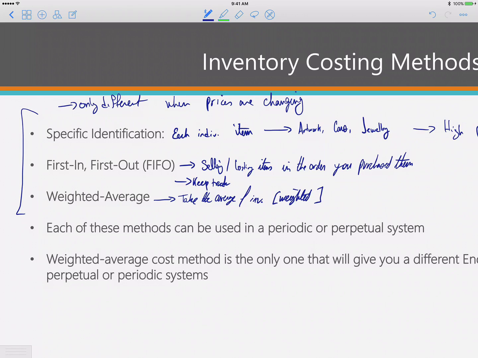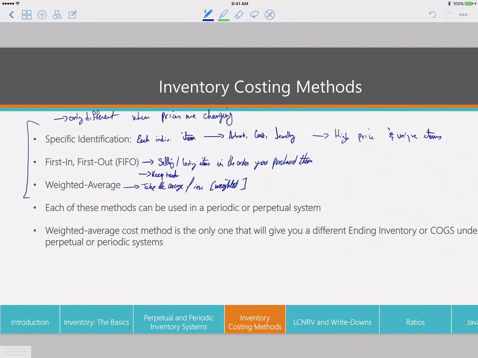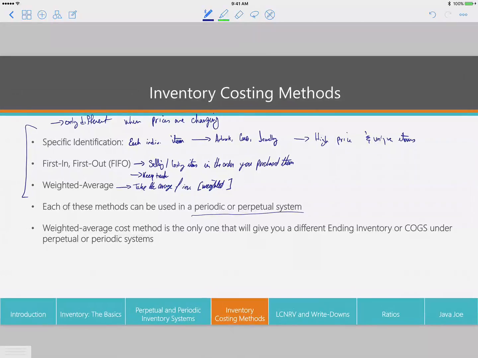So generally they do change, but if you purchased inventory for the same price the entire year, you would have the same results under each of these methods. And you can use each of these methods in a periodic or perpetual system, but the only one that could give you a different answer for your ending inventory or cost of goods sold is your weighted average method.